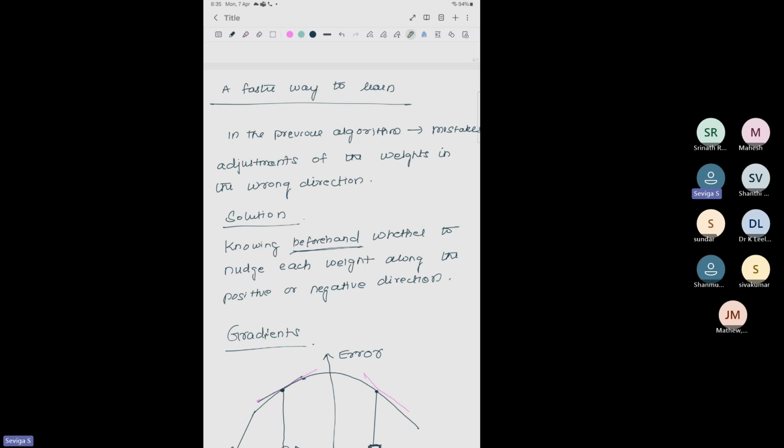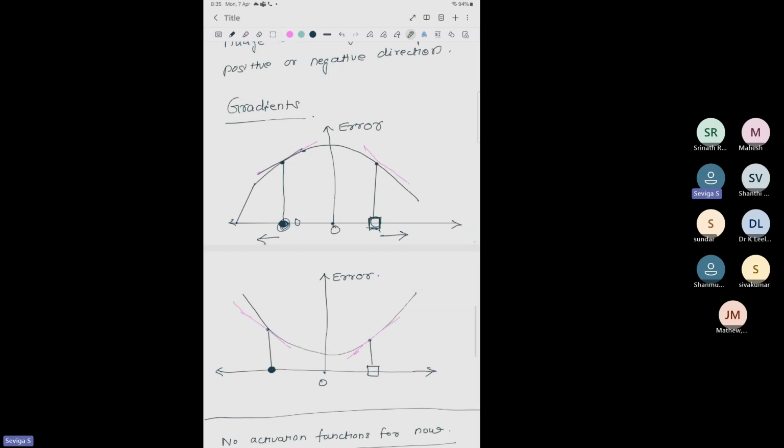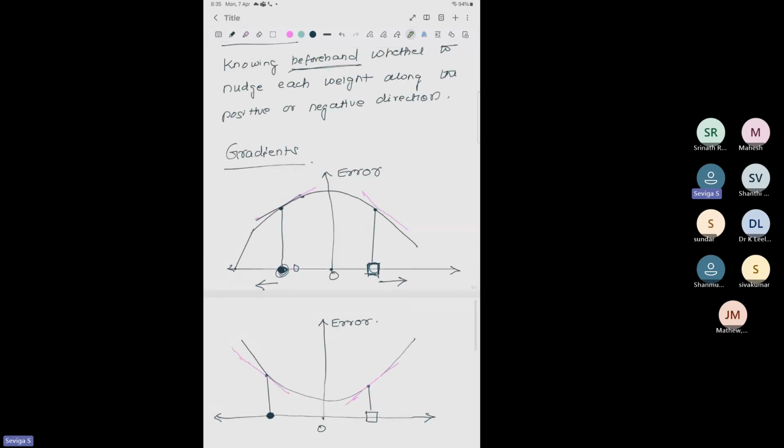To avoid that problem, we wanted to know in which direction to change the weight. To know that beforehand, we use a method called gradients. Using the gradient, we can know for each weight which direction we need to update it, whether in the positive or the negative direction.